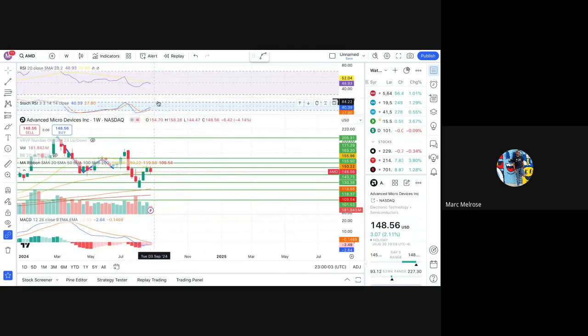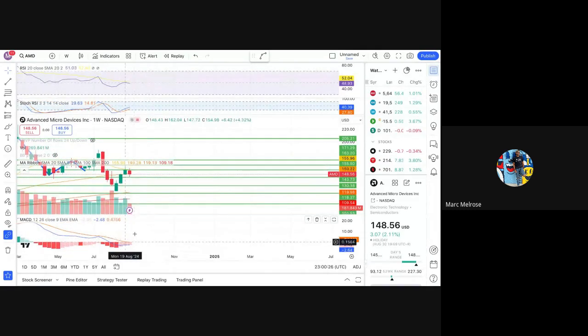It's trying to get back to that overbought region. So from the stochastic RSI level, we still have some room that it can go up. The RSI level is pointing downwards, in between our sweet spot of 45 and 50. So that's a good thing.